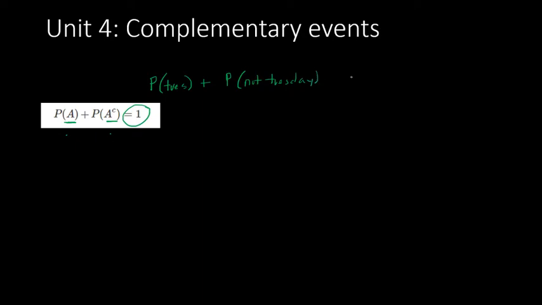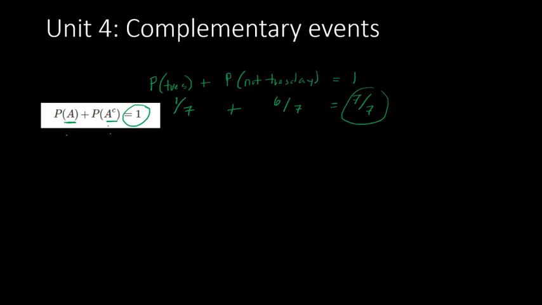Well, there is a 100% chance that either today is Tuesday or not Tuesday, right? So if I add the probability of today being Tuesday, 1 in 7, because there's 7 days of the week, plus the probability that today is not Tuesday, because there's 6 other days in the week, if I add 1/7 and 6/7 together, I get 7/7, which represents a 100% chance of something happening, right?